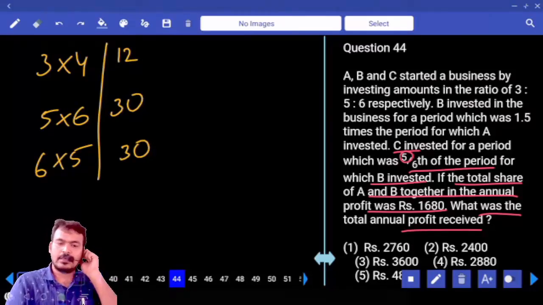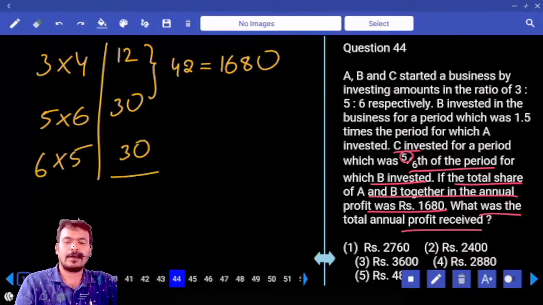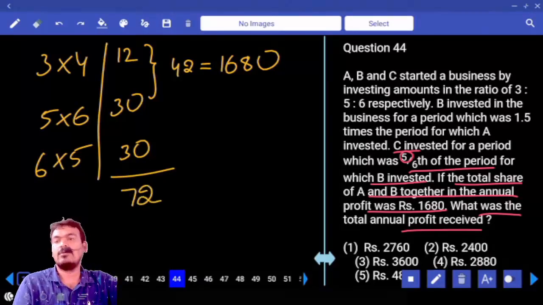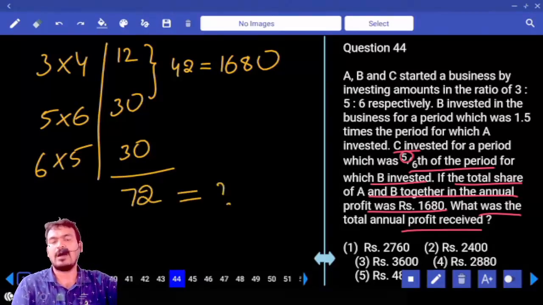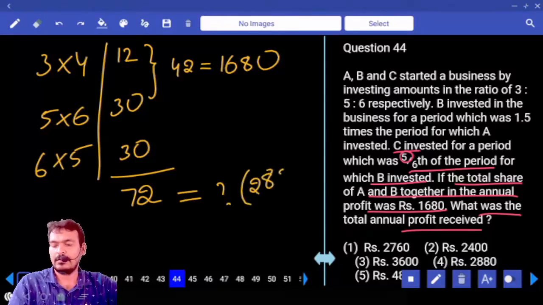A and B together are 42 parts, and the value of 42 parts is 1680. Total is 72 parts. 42 is almost 4 times, so the answer is 2880.